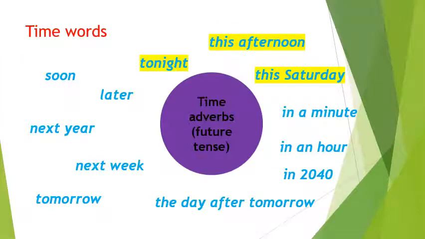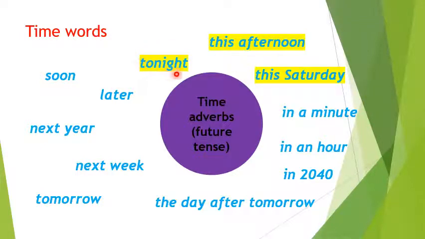All right, so when you see time words like tomorrow, next week, next year, later, soon, in a minute, in an hour, in 2040, or the day after tomorrow, all those time words will talk about the future.